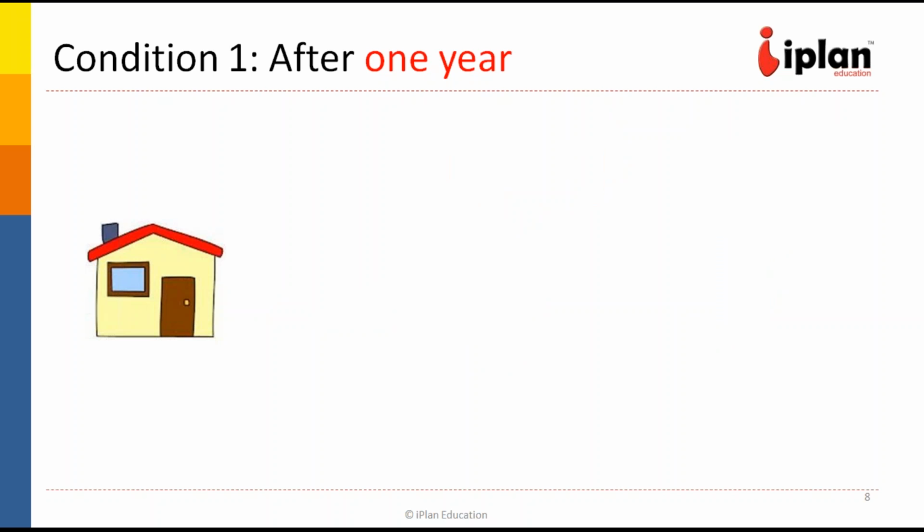What if condition 2? If the price goes to 900,000 on 31st December, instead of 1.2 million, it went lower. From 1 million, it reduced to 900,000.